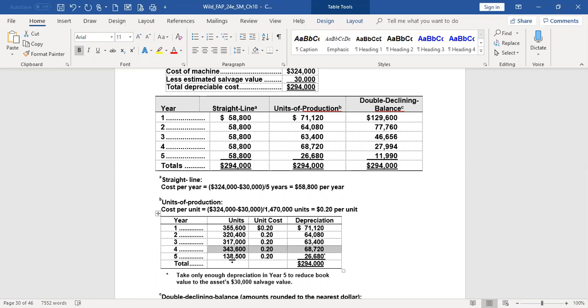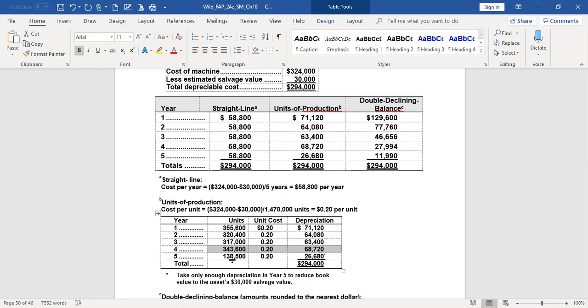So 1,470,000 minus the 1,336,600 units. Oh, sorry, just bear with me a second. I'm putting something in my calculator wrong.